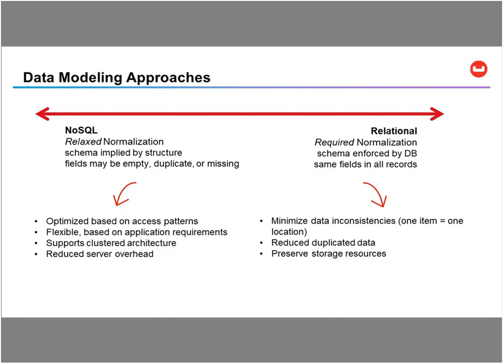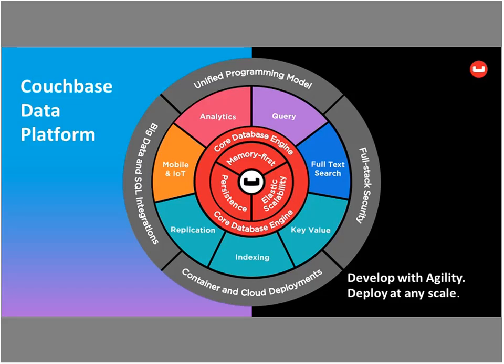and store it in a single read and write operation. And Couchbase data platform is a data repository for your modern application. It gives you more than just a NoSQL data store. It has inbuilt cache with persistence and replication, meaning it's a highly available cache.